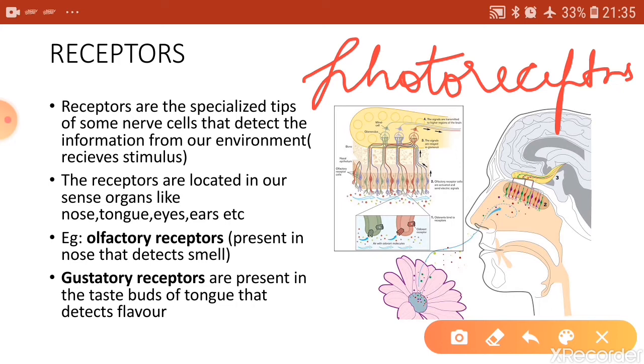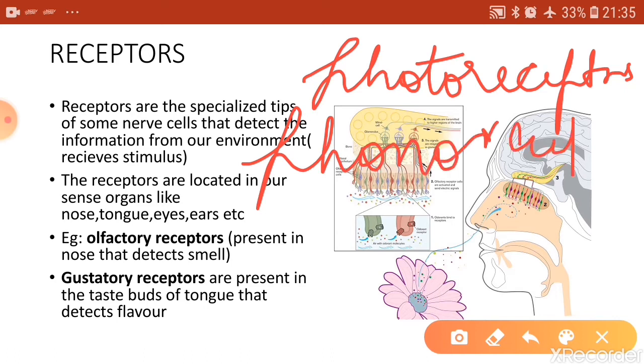And in your ears you have the phonoreceptors or the auditory receptors. You have learned in class 9 that the ears help in hearing and also in maintaining balance. So for hearing you have phonoreceptors or the auditory receptors, and for maintaining balance there are statoreceptors present in the ears, right?